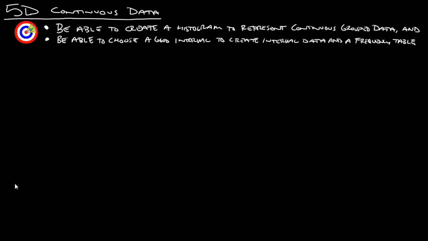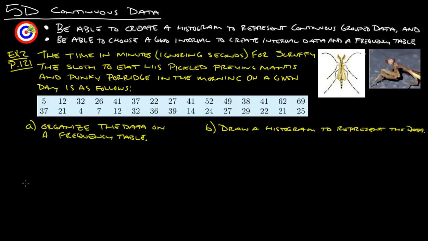Let's take a look at an example. This is example 2 from page 121. It has the time it takes in minutes, ignoring seconds, for Scruffy the Sloth to eat his pickled praying mantis and punky porridge. That's a punky, by the way. In the morning on a given day is as follows.